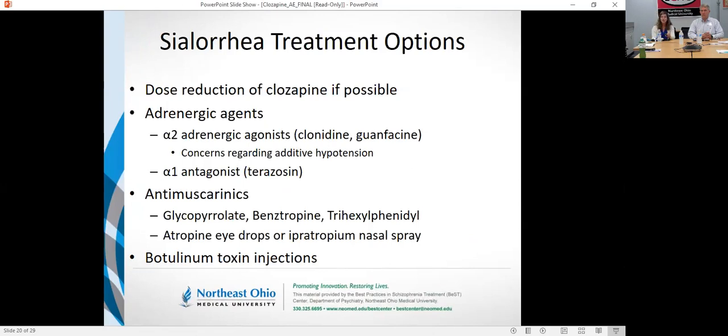The antimuscarinics do carry the risk of potentially exacerbating the constipation that we may see with clozapine. Botulinum toxin injections have also been found to be beneficial in patients that may not be able to tolerate or don't get efficacy from some of those other agents.